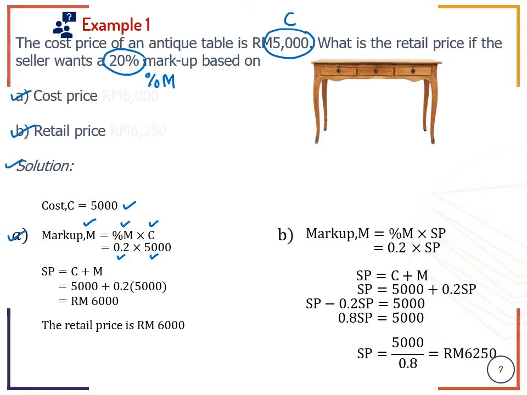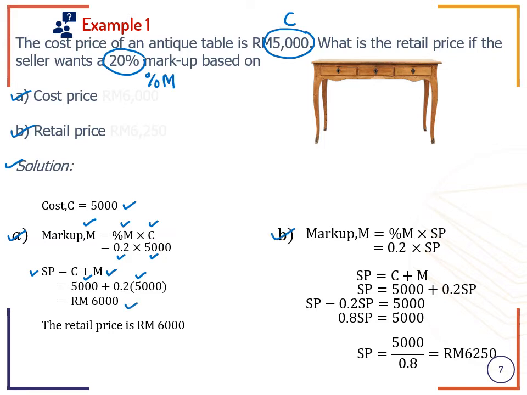From the formula of selling price equal to cost plus markup, replace the value of cost with 5,000 and replace the value of M with 0.2 multiplied by 5,000. Therefore, selling price is equal to 6,000.